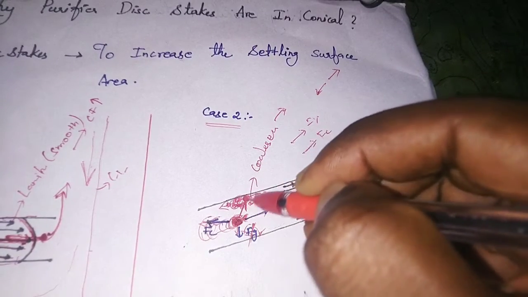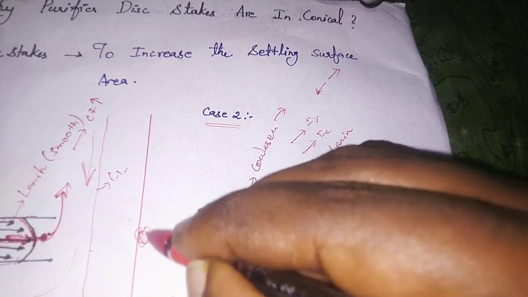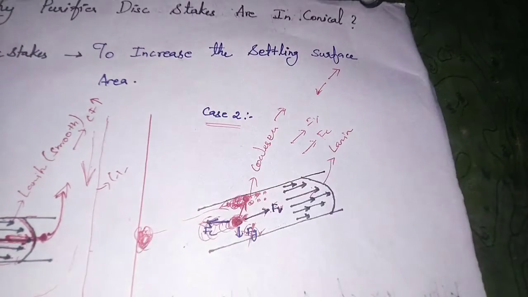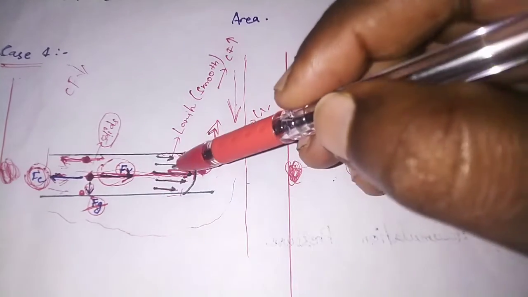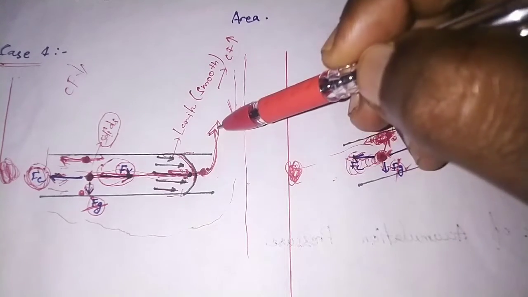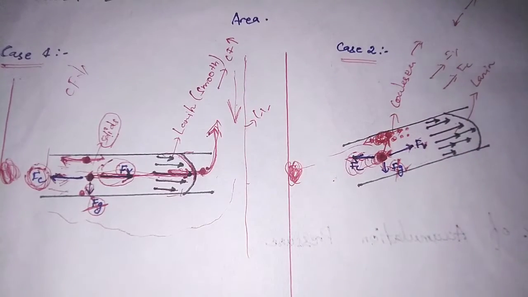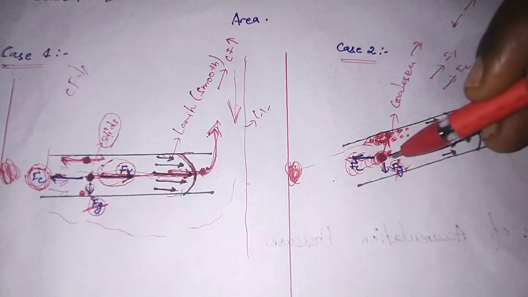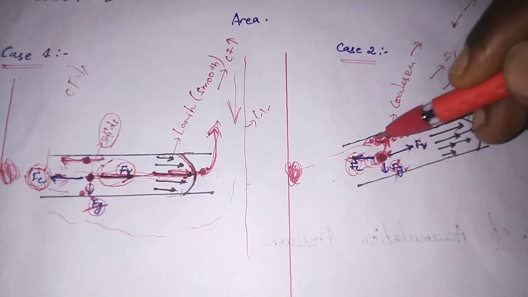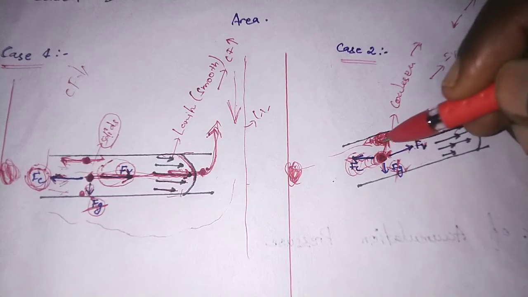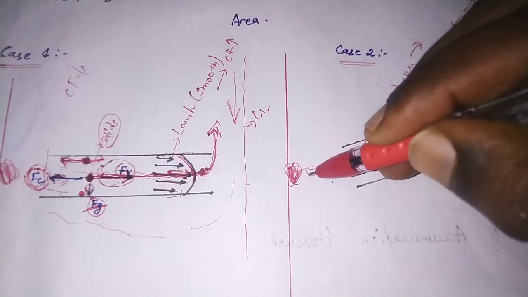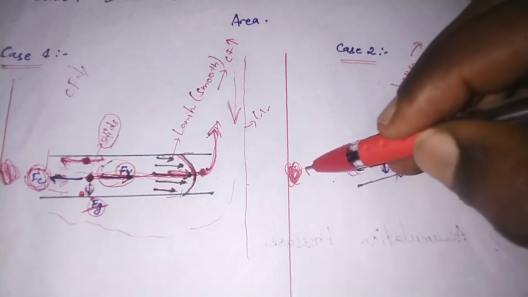So these particles come to the bowl side and are separated out. In case 1, some amount of solid goes to the pure oil side, so separation is lesser. Here all solid particles go to the underside of the plate, coalesce, and due to centrifugal force separate out to the bowl side.